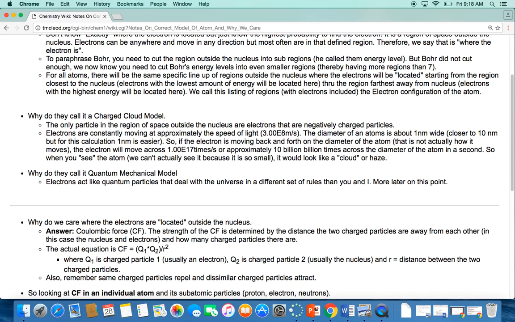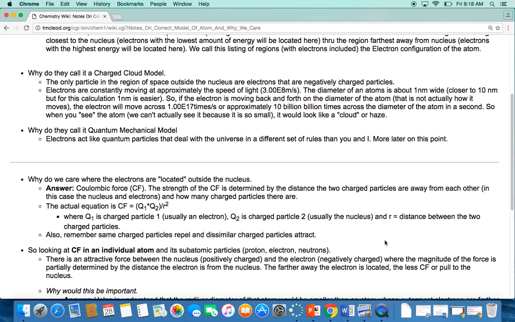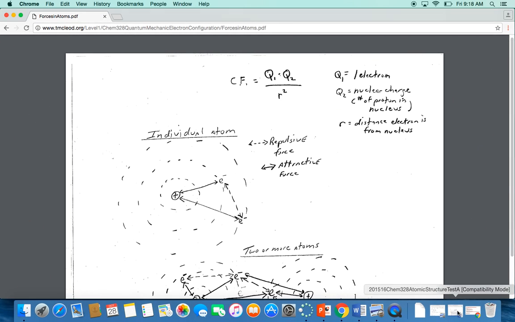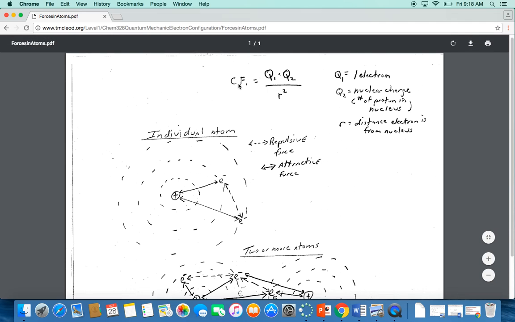Why do we care? Well, it's all about Coulombic force. Coulombic force is equal to Q1 times Q2 over R squared. Let me go to the diagram now. CF is Coulombic force. Q1 is one electron.